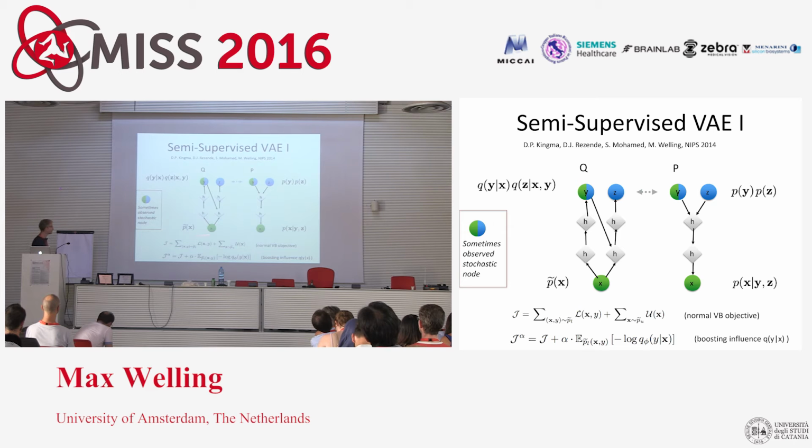So now your objective changes a little bit because you have a part that has to deal with the data which have labels and a part that has to do with the data that have no labels, but it's not a very big change with respect to what we have for the variational EM. It's just another EM algorithm. But there's this extra term which actually was important. If you're really interested in this prediction, you should give this particular thing a boost.